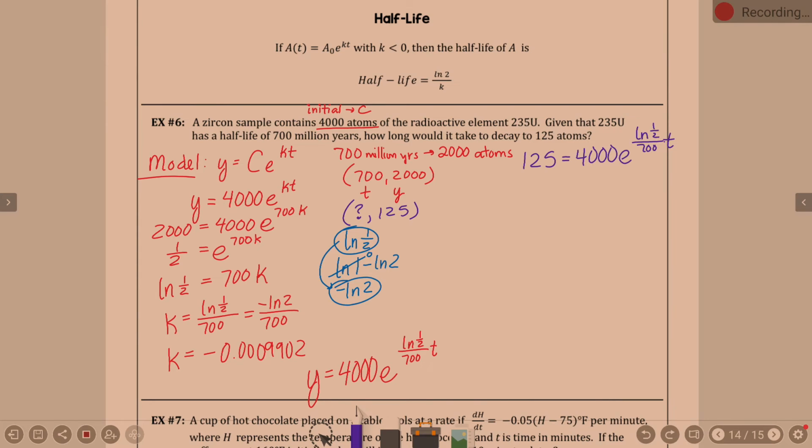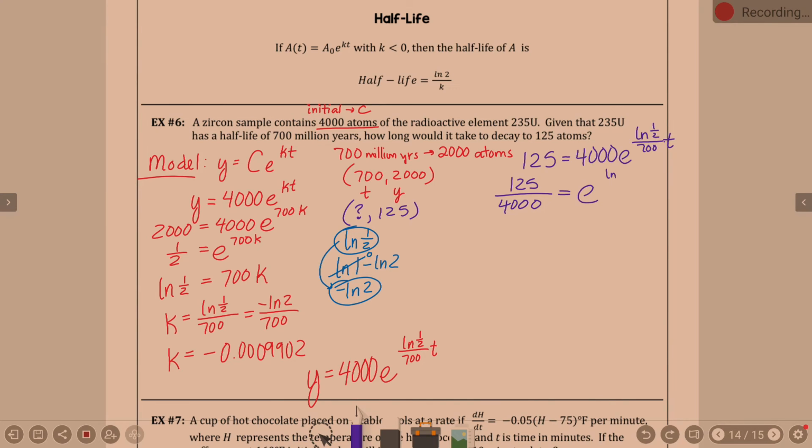Let's see, what does 125 divided by 4,000 do? Well, I never divided it in my notes. I just left it. I know it's going to simplify a little bit because they're at least both divisible by 25, but I never got around to doing that for whatever reason.